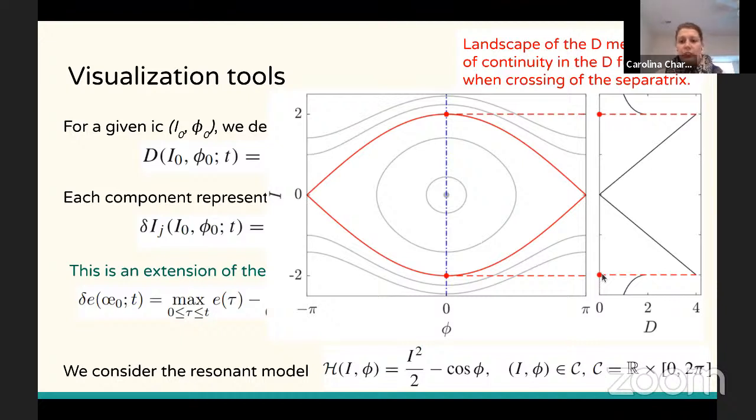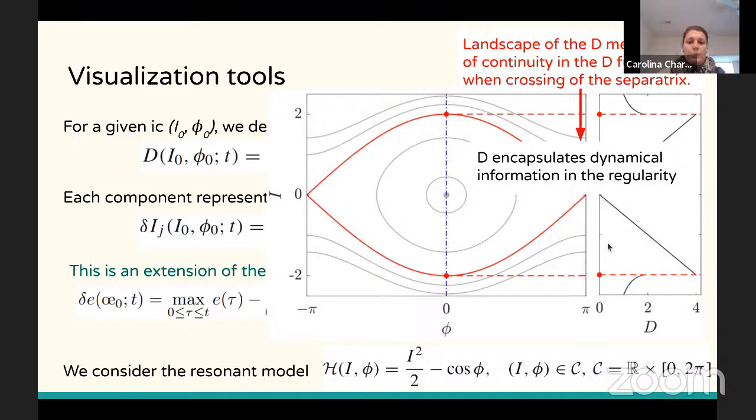And this, of course, is symmetric for the negative values of the action. The important part of this is that the D metric encapsulates important information on the regularity of the function rather than its final value.